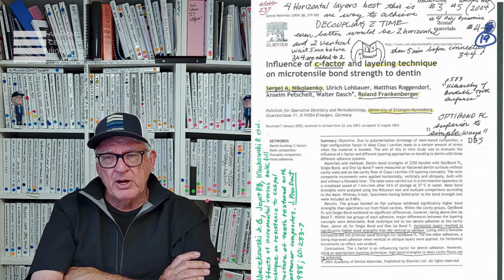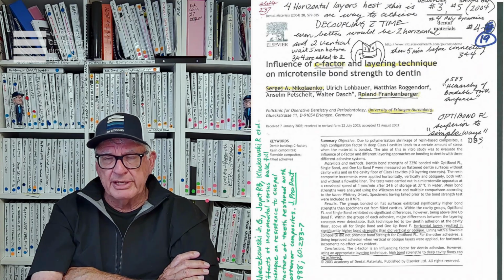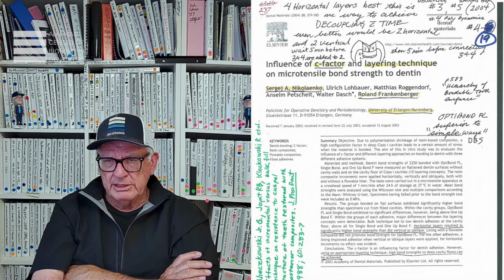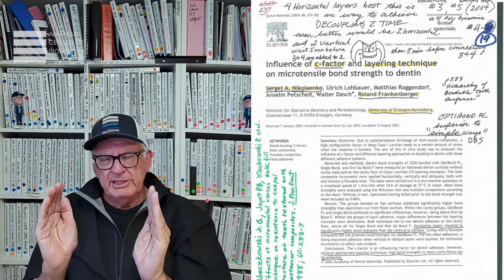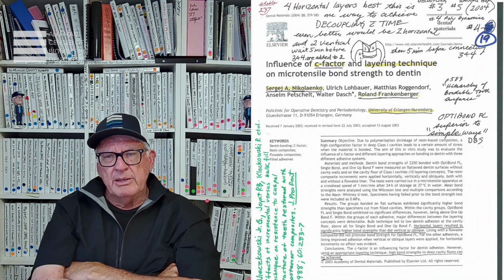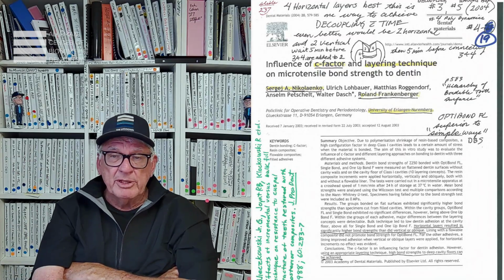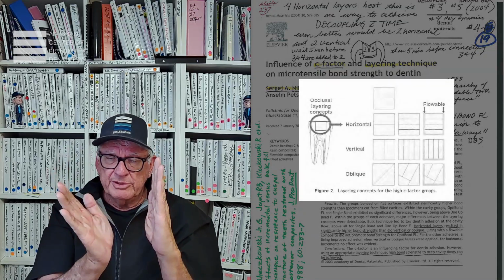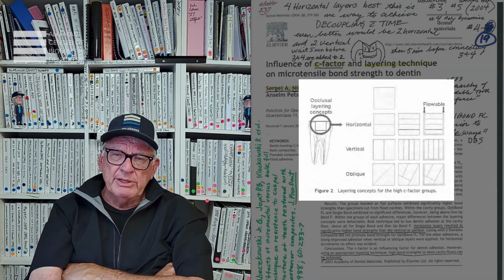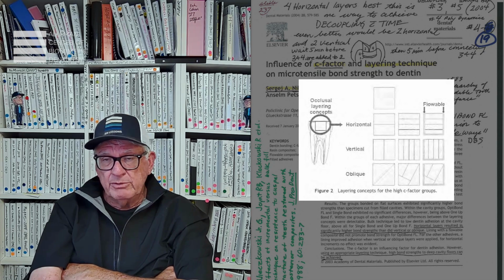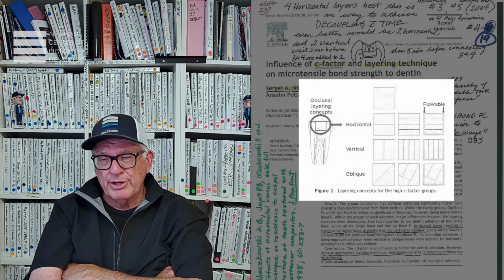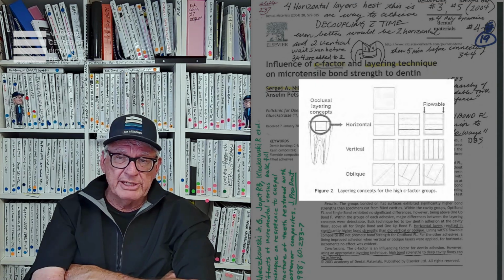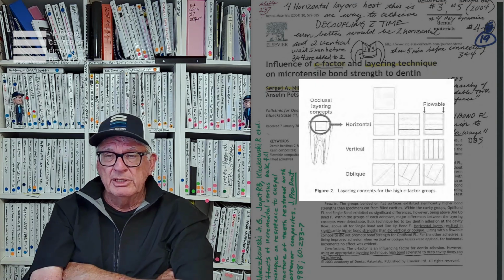That article gives you the ability to say, if I use a layering technique that is horizontally oriented, I have the ability to double the bond strength compared to a 4 millimeter increment, or 4 increments that were oblique. And so the vertical and the oblique were shown to destroy half the bond strength of a thin horizontal layering technique. So that's your first approach.